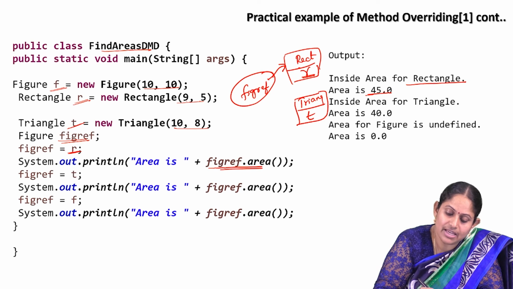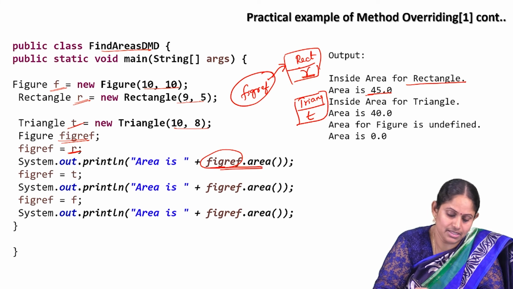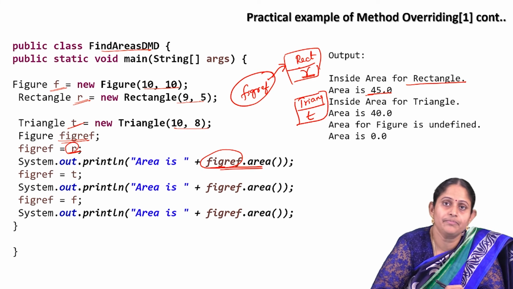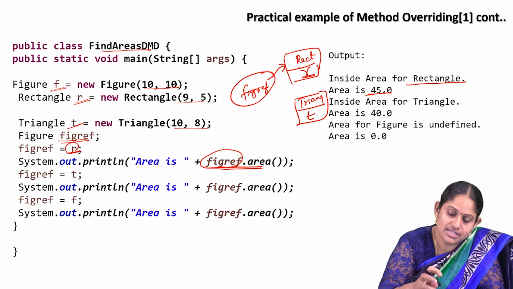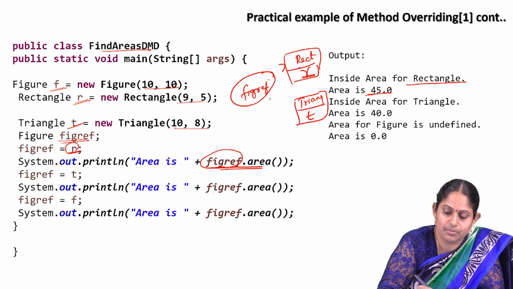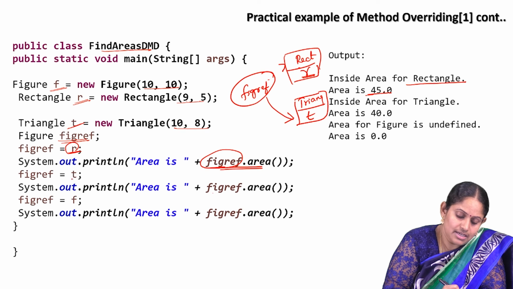So here again, we are making use of the parent class reference to invoke the child class method, since this parent class reference is made to point to the child class object. Next, we have this figure reference made to point to the triangle object.